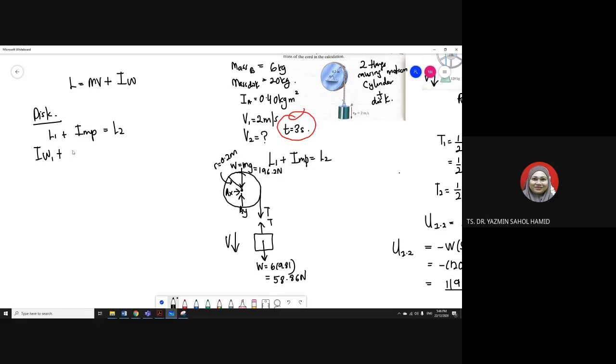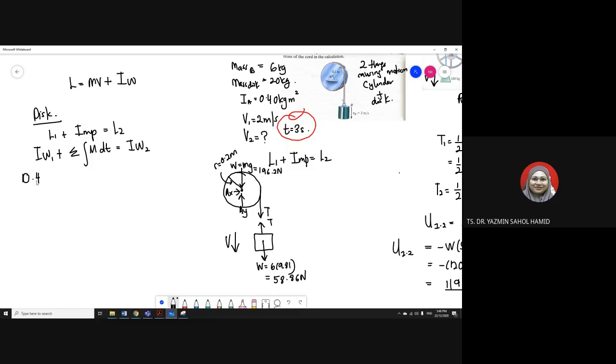You ingatkan moments kan, force multiply by distance. So kita boleh buat M due to time dt equals to I omega 2. Okay, what is I? I dia dah bagi, which is 0.4.